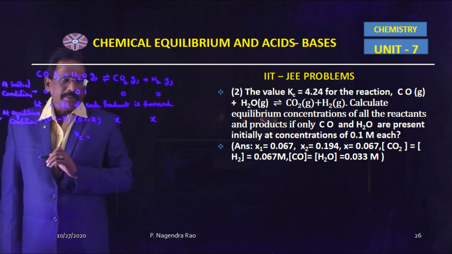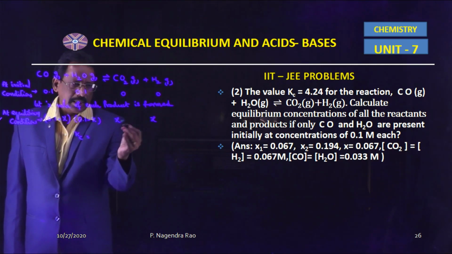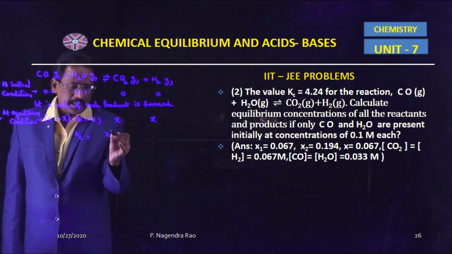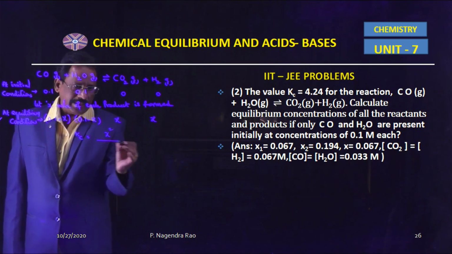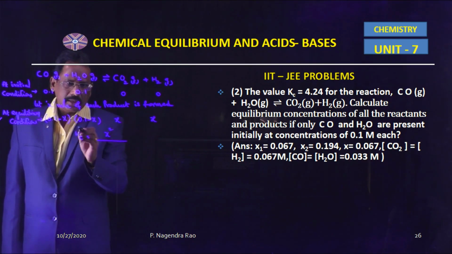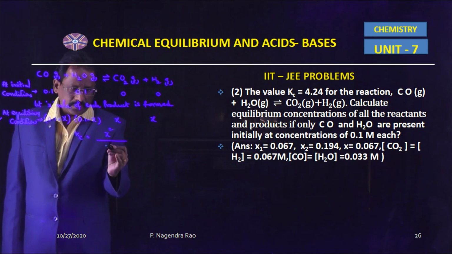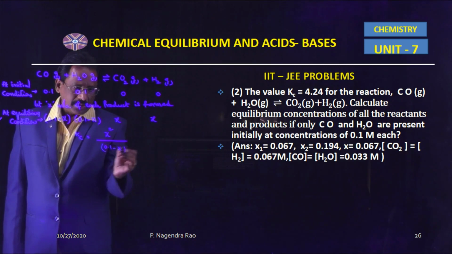So at equilibrium conditions, Kc is equal to x into x, that is x square, divided by 0.1 minus x into 0.1 minus x, so 0.1 minus x whole square.